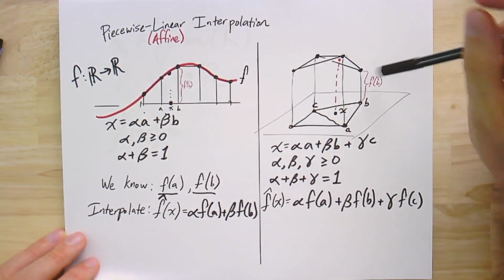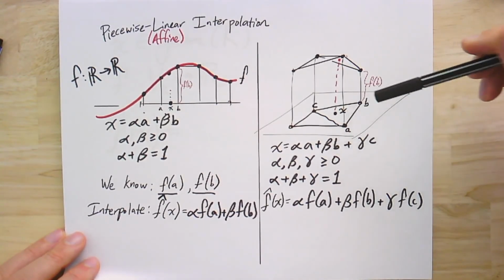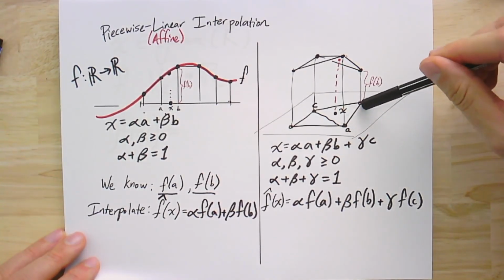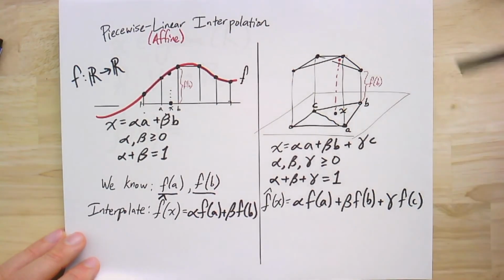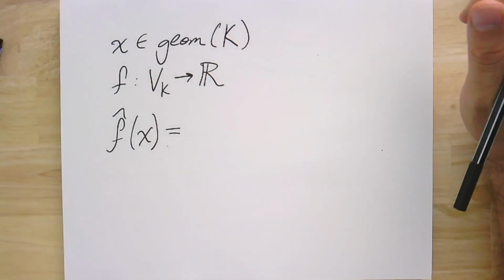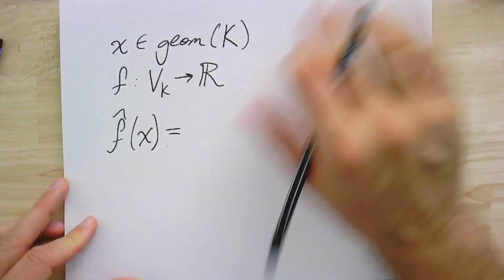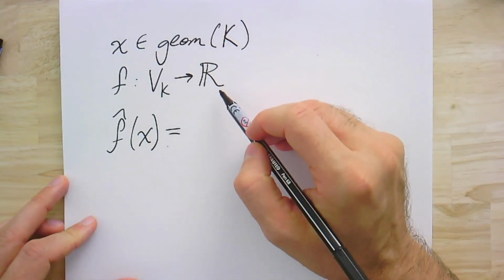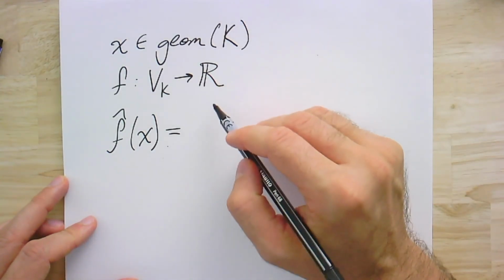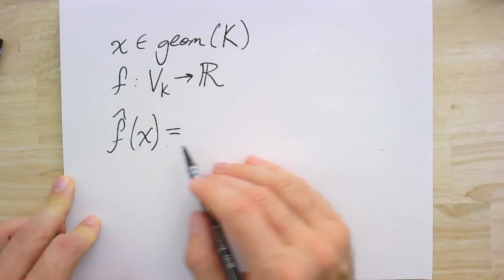And again, this allows us, if we have the complex or the triangulation of the plane, to take function values at the vertices and extend them to the rest of the space. All right, so more generally, if I have any simplicial complex and any function on the vertices, I can do a linear extension or a linear interpolation of that function onto the rest of the complex.